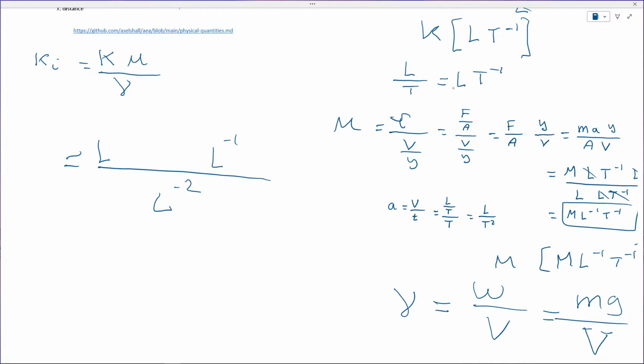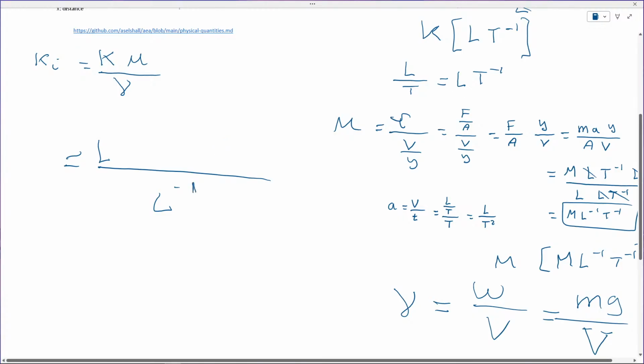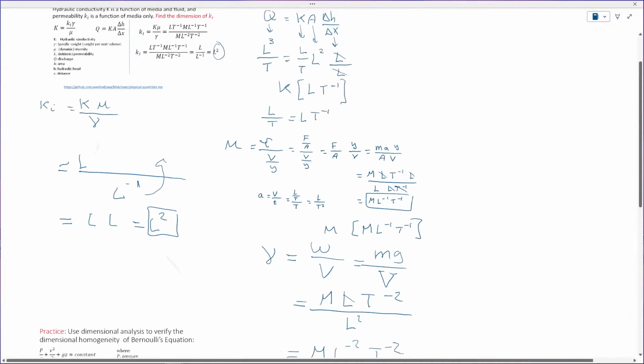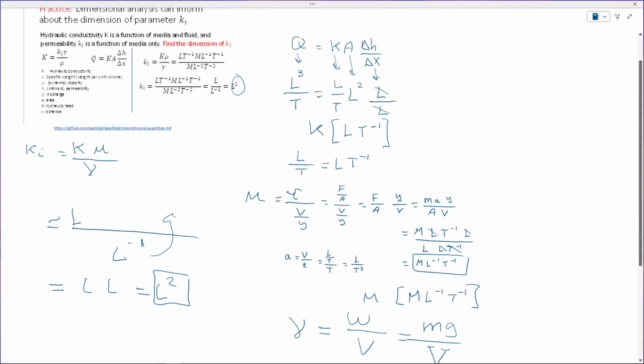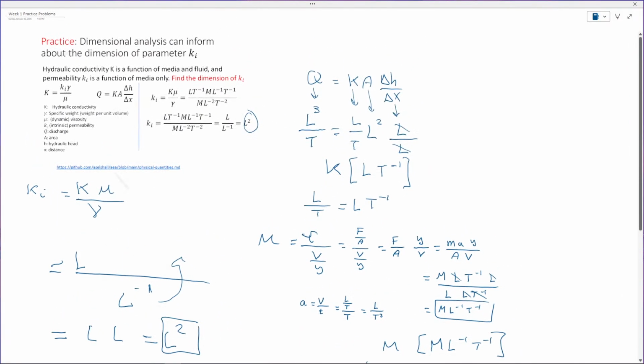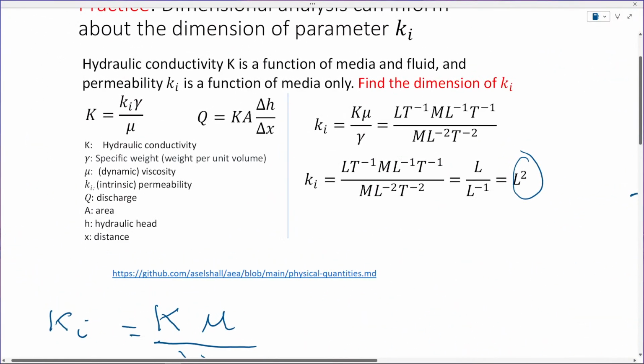Can one of these go with this? So we can get rid of this and just make this minus 1. What does minus 1 mean? Minus 1 means that we can bring it up, and this minus will be positive. So that would be L times L, and that will give us L squared, which is the solution that we have here. So now we have a problem. This is the hydraulic conductivity, but the hydraulic conductivity is a function of two things.